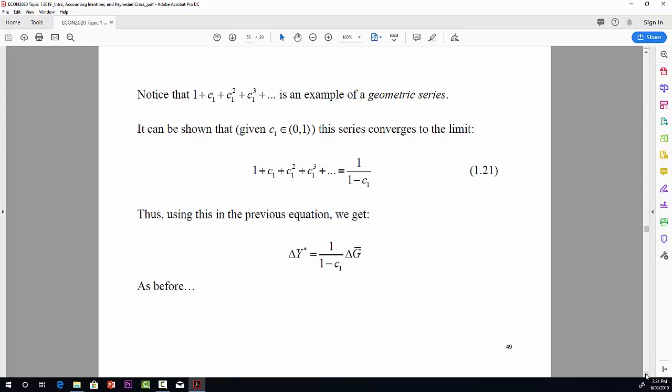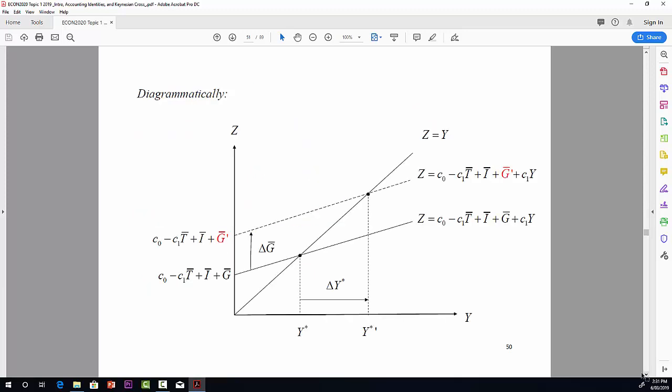So that gives you the intuitive story for why we get this magical multiplier process.